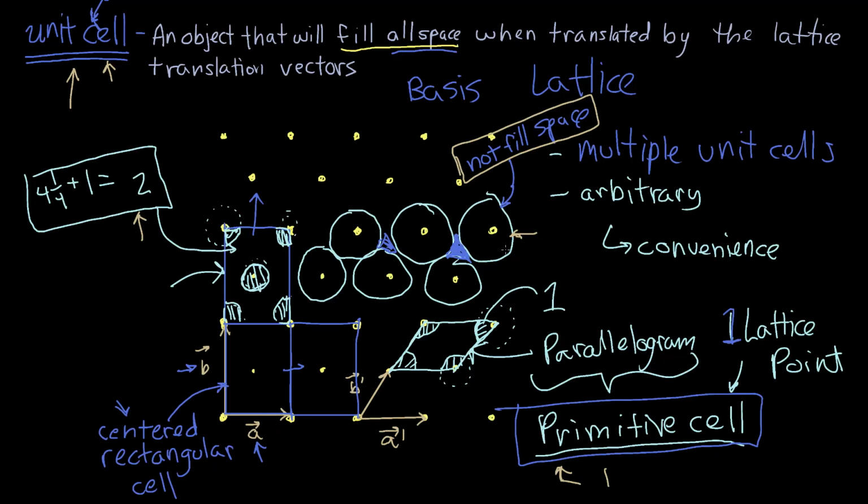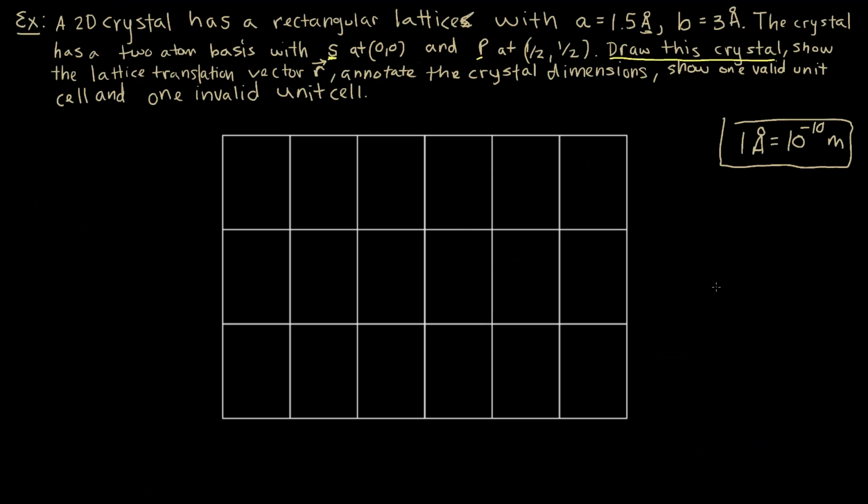In this video, we're going to look at an example that is going to tie together many of the concepts that we've already looked at: the concept of a lattice with a basis and drawing unit cells.